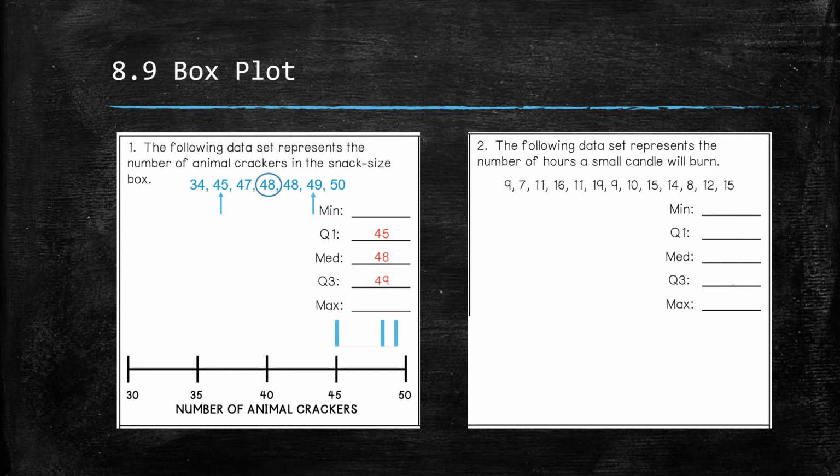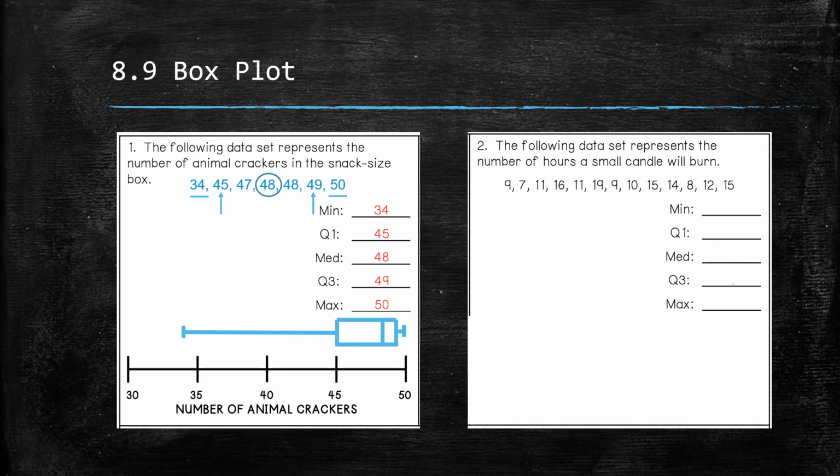Now that I have my Q1, Q2, and Q3, I can make a box. I'm going to identify my minimum and my maximum numbers, which are 34 and 50. And those are my whiskers, so I'm going to plot those with just little lines and then connect those to my box.